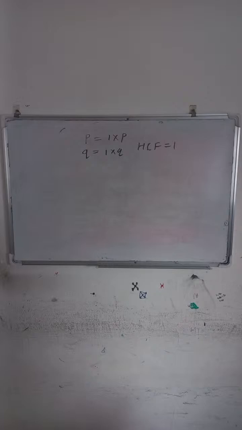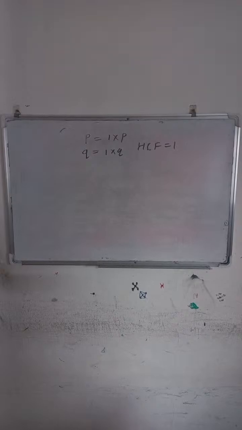If P and Q are distinct prime numbers, then LCM of P and Q is, first option 1, second option P, third option Q, fourth option PQ. Okay, getting this?